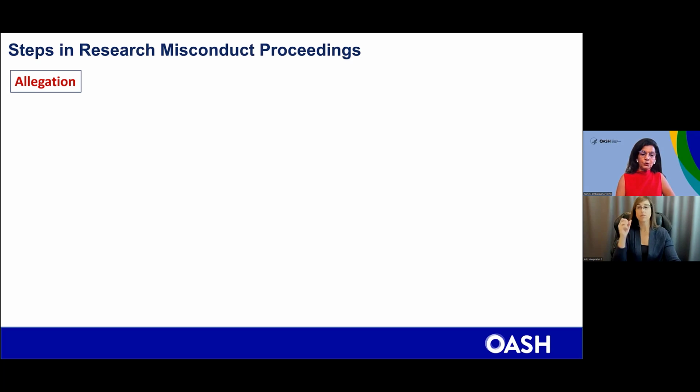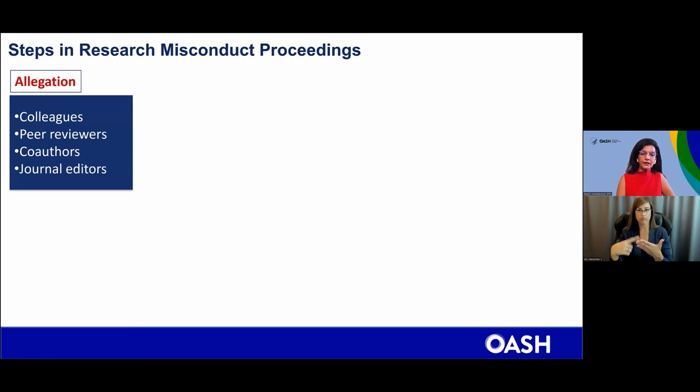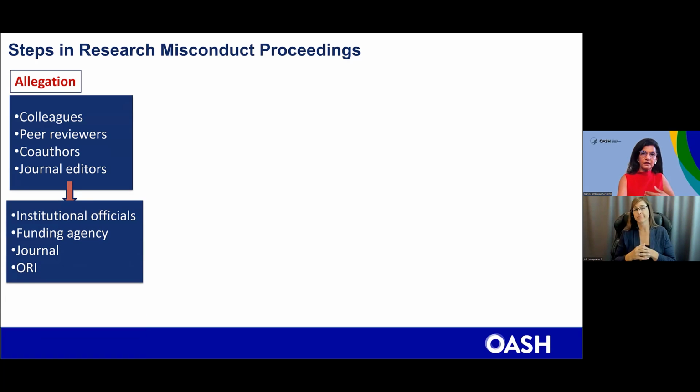Okay, I'll quickly go through the steps in research misconduct proceedings. Somebody makes an allegation: colleagues, publication readers online or in paper, peer reviewers, co-authors, and journal editors.